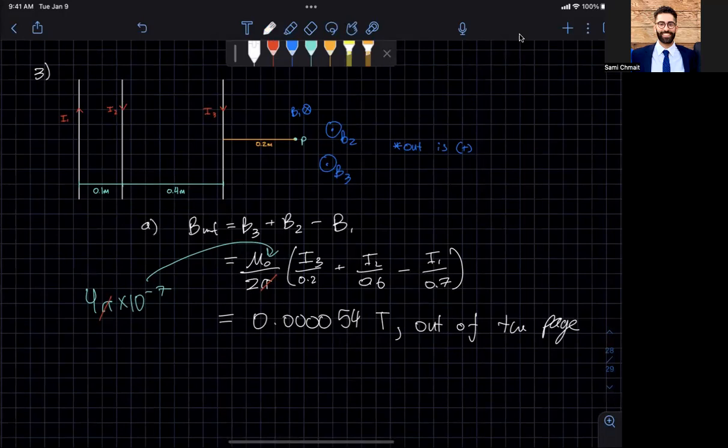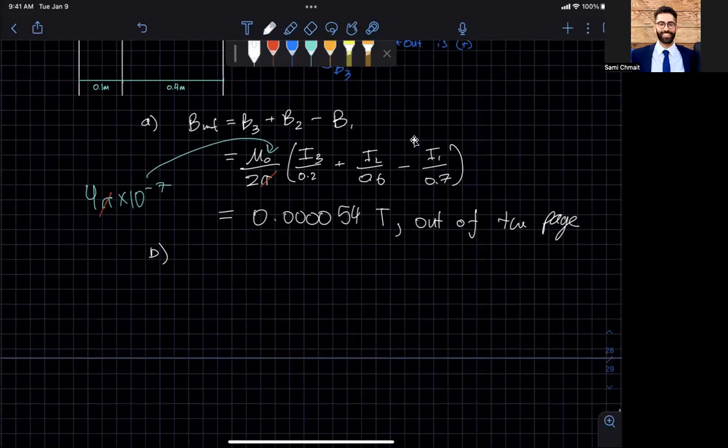And then for part B, we want to determine the magnetic force on the wire with the current I3. So what's the magnetic force here? Okay. So let's first find the direction that it will be pointing. Okay. So here we have I3.